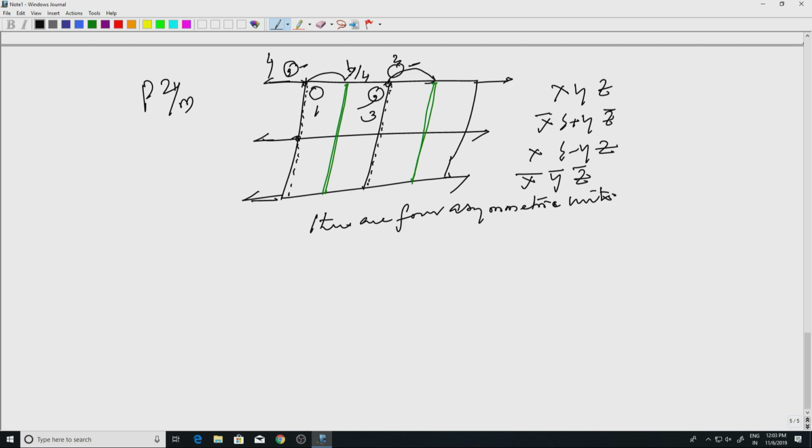Next we will see Pc. The point group is m. Here there is a mirror perpendicular to the B axis.